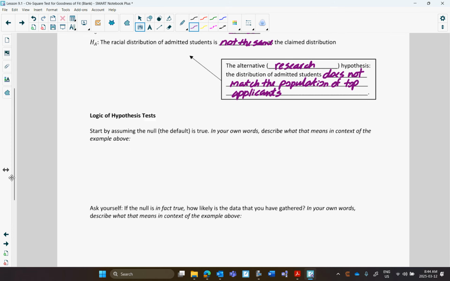Just like we were doing with hypothesis tests with proportions and means, whether it was one sample or two sample, we started by assuming the null was true.